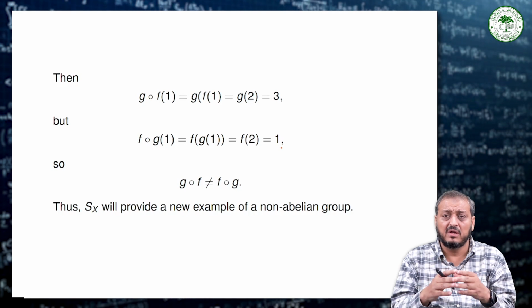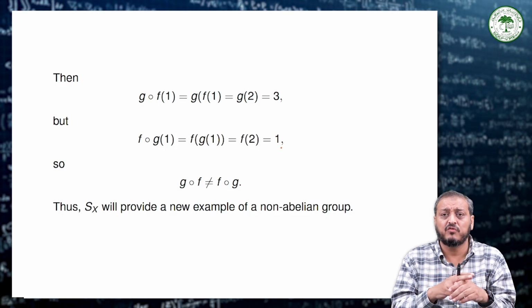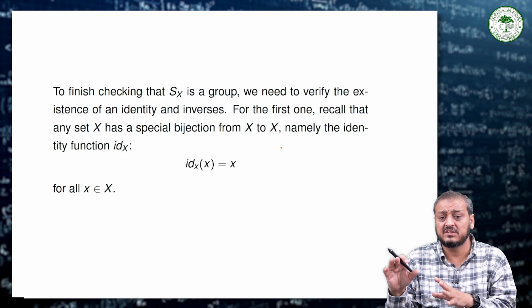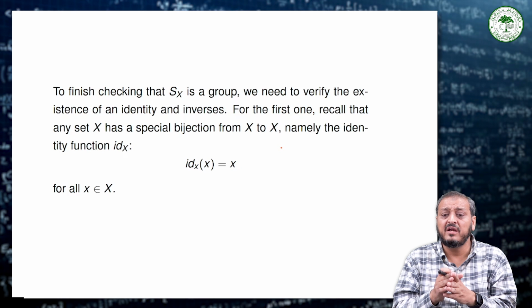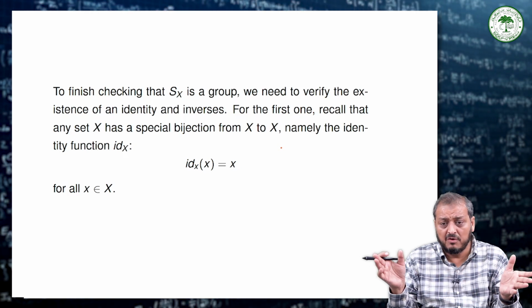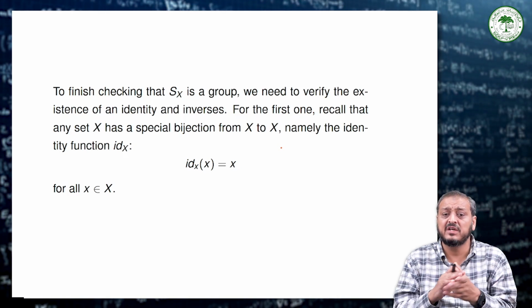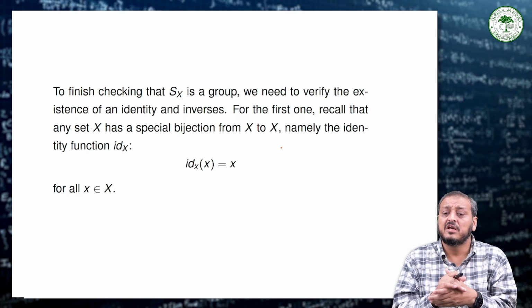We have different types of permutations. To finish checking that Sx is a group, we need to verify the existence of an identity and inverse. For the first one, recall that any set X has a special bijection.